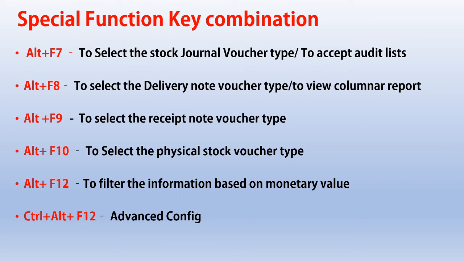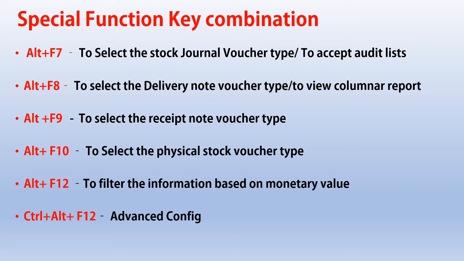The function keys or shortcut keys which we are going to understand in this lecture are: Alt plus F7 to select the stock journal voucher type, and to accept the audit lists. Alt plus F8 to select the delivery note voucher type, and Alt plus F9 to select the receipt note voucher type.